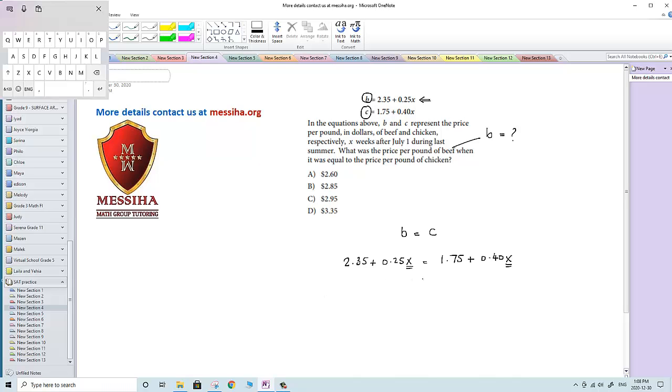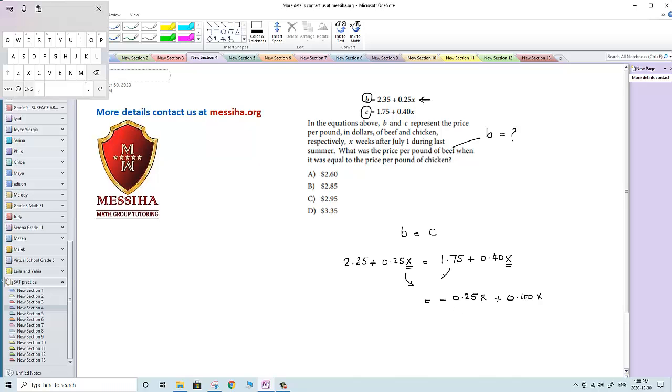So now, to get the value of x, I need to combine the x terms together and combine the constants together. To transfer this part of x here, it has to come as negative on the right side, and I keep the 0.40x here as it is.